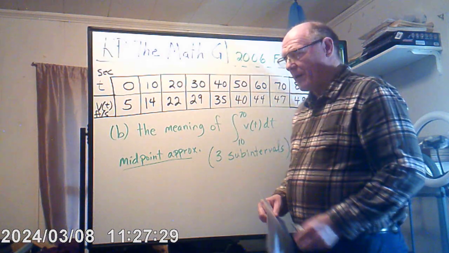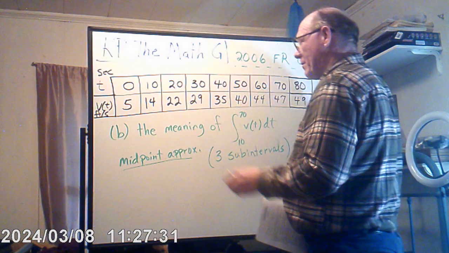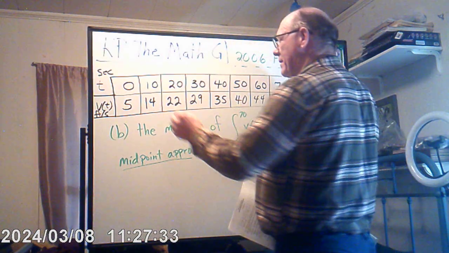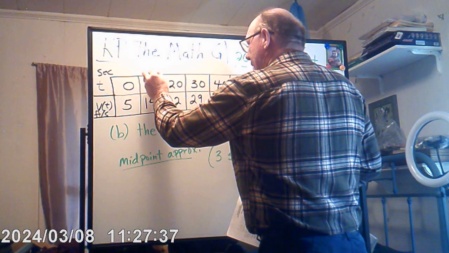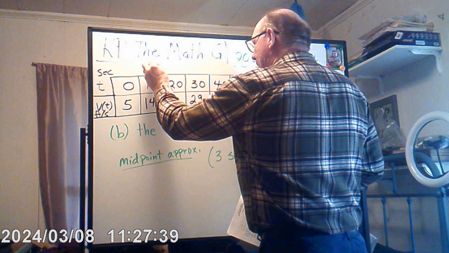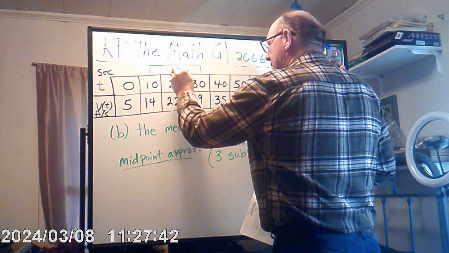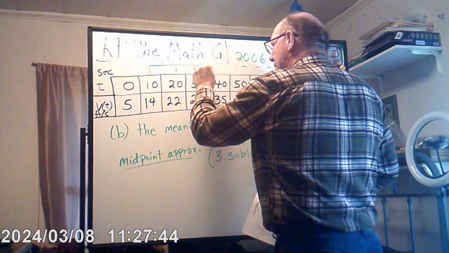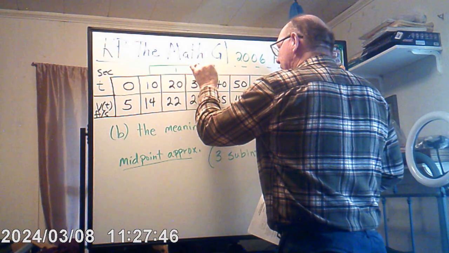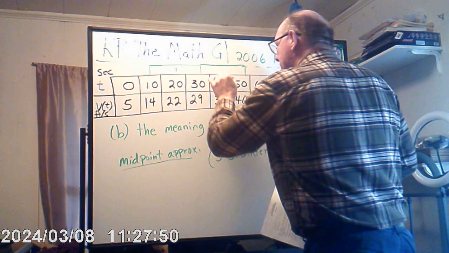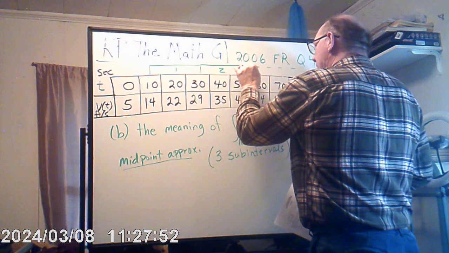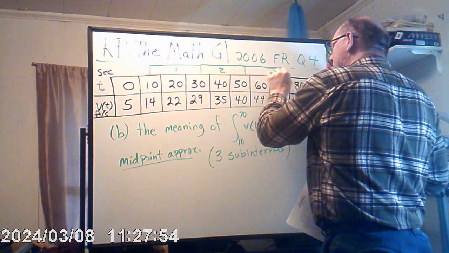I'm going to try to be brief with this, but we're starting from 10. Start at 10, skip 1. If we're going to go 3, here's 1 subinterval. The second one is from here. That's the second one. And then the third one would be here.